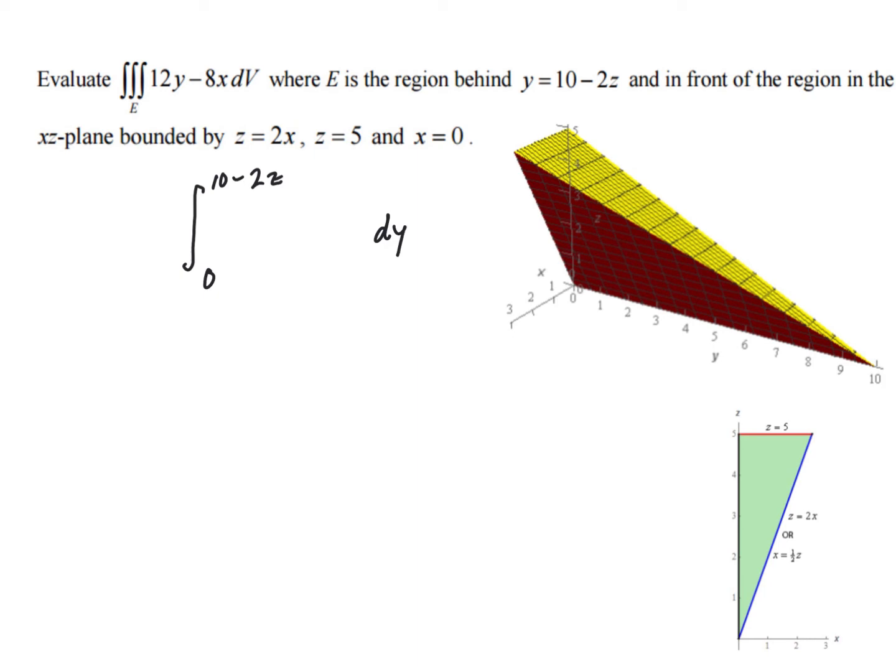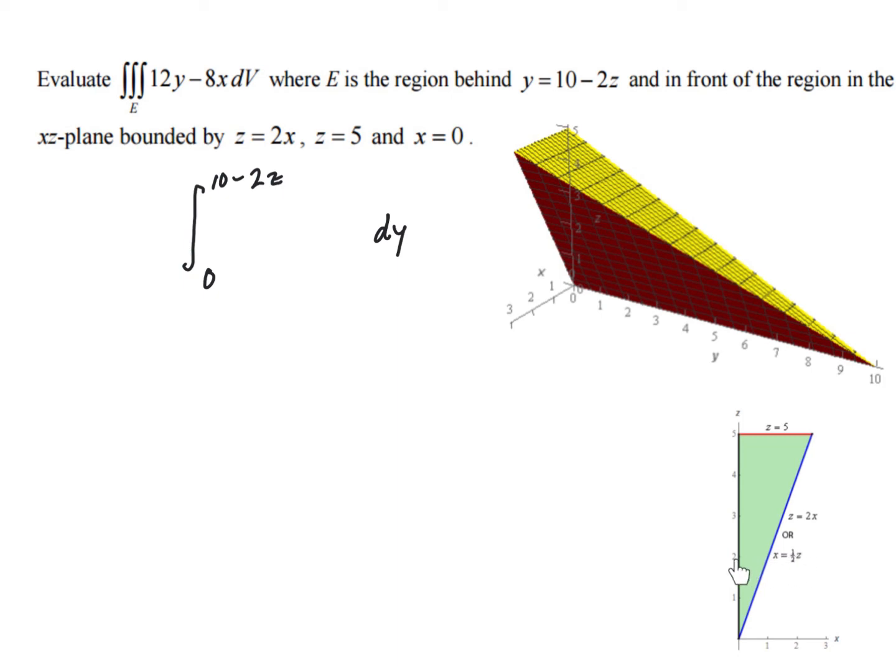Now I have some options. I drew just the x and z pieces here. You could either go from 0 to 1/2 z, this type 2 approach, in which case you'd have a dx, because remember your differential is the one that isn't the variable.